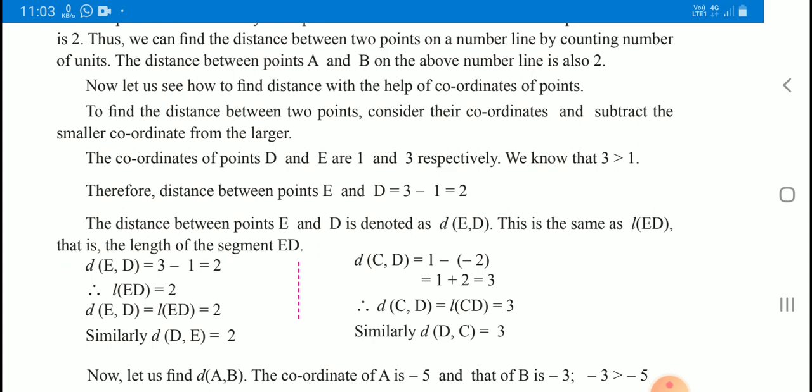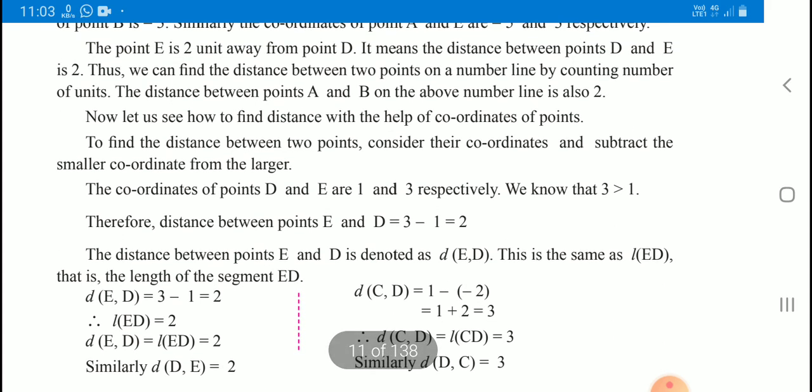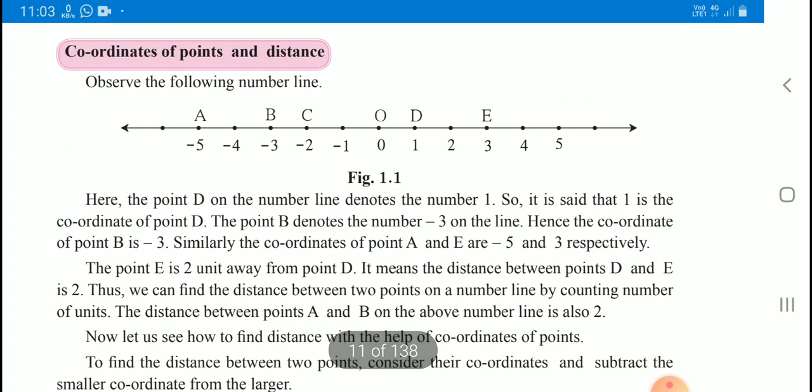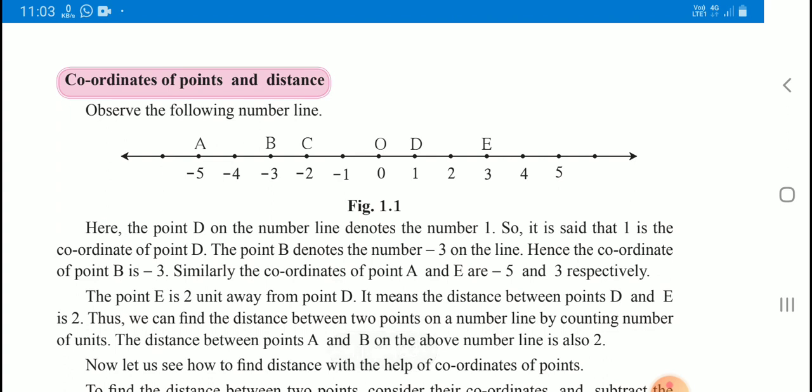In the same way, if we find the distance of points C and D, we will see it from the number line. If you see, the coordinate of point C is negative 2 and the coordinate of point D is 1. Here a positive number is always greater than a negative number.